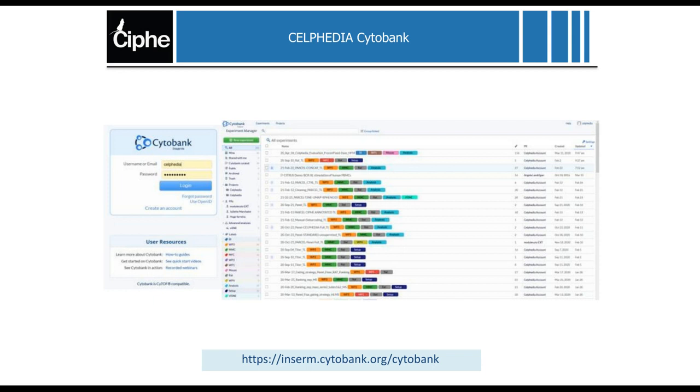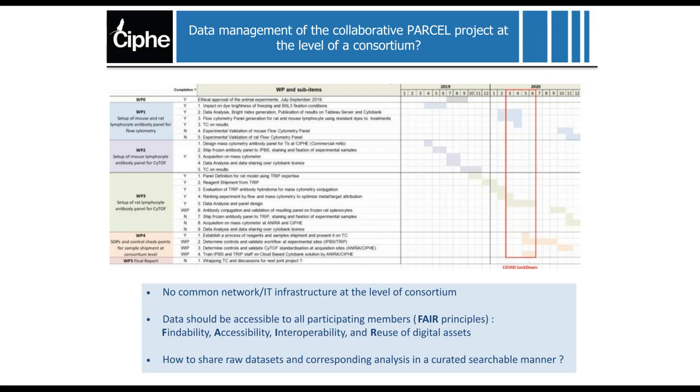But for this, you need to have a plan, and especially a plan on how to organize your data, and that's what we did on Cytobank, using a dedicated license for the CELFEDIA work. To sum up the big challenge we had, it was data management, because within this project, the Parcel project, we had several work packages, and each time we needed to share data and analysis so that we could draw conclusions in a collaborative manner.